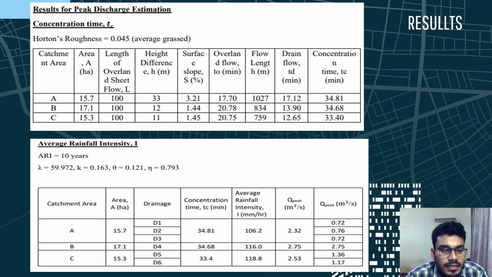In the result section, we get the peak discharge estimation for three different catchment areas.